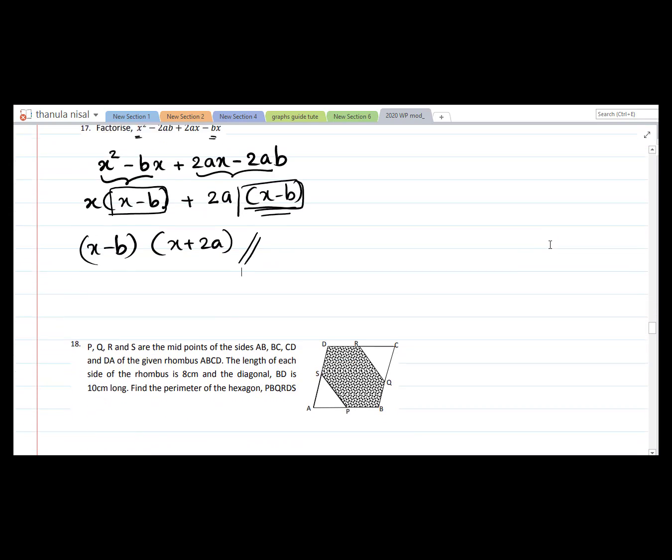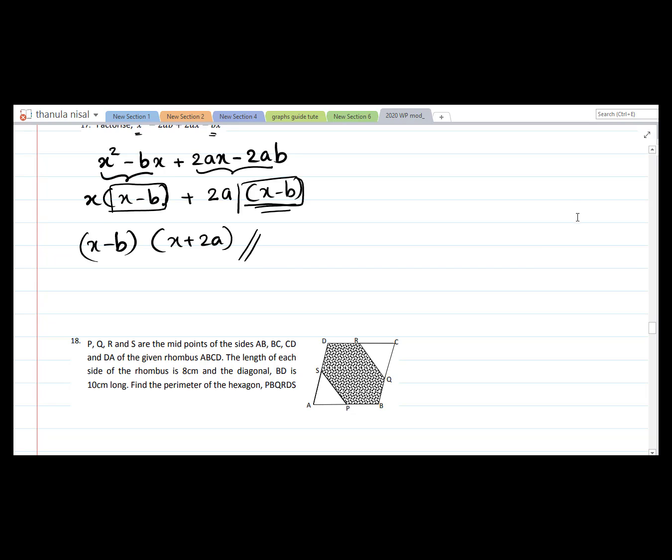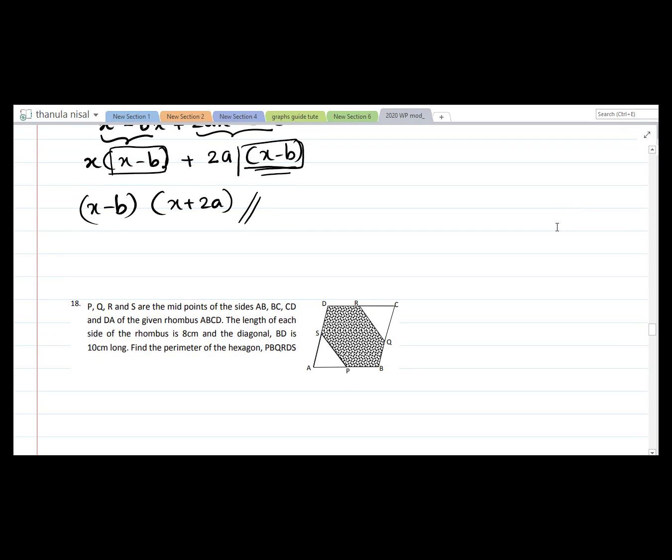Now question number 18. There's a rhombus. That means all the sides are equal in length. They have given the length of this diagonal as 10. Now, can you remember the theorem behind this one?